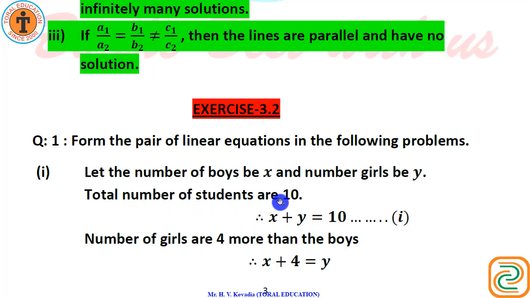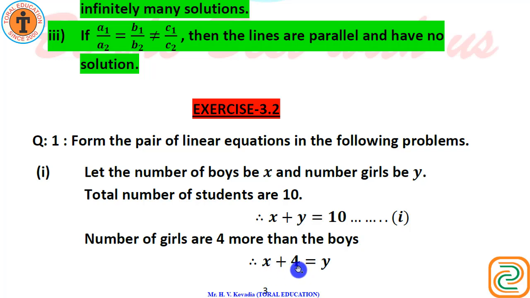Total number of students is 10. So number of boys plus number of girls equals 10. That is x plus y equals 10. This is equation number 1. But the number of girls is 4 more than the boys. So if we add 4 to the boys, then both the numbers are equal. Boys are x.